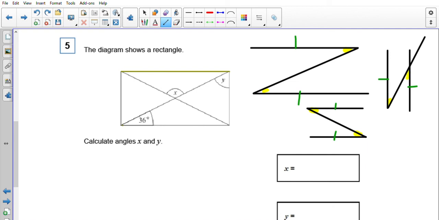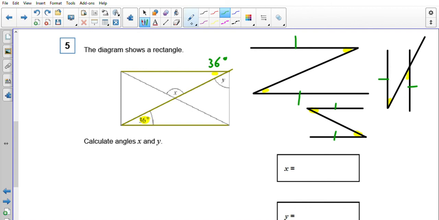So if I do this, we'll spot that we've got some angles here, which means that already I can tell you that the one here in this corner is going to be 36 because of here. So I can start labelling this up. We're going to have 36 degrees. Okay, fine. Does that help me?